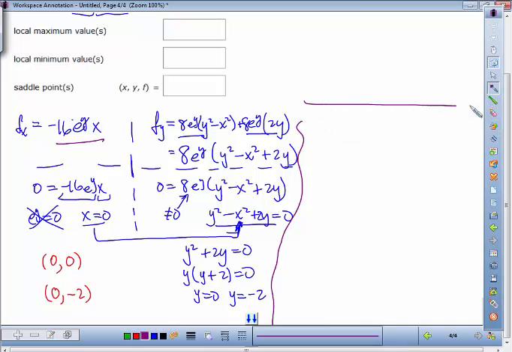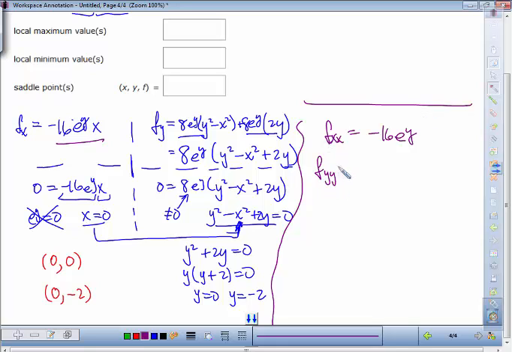Let me do it in pieces and then combine it later. So fxx, derivative of this with respect to x. Now that's just going to be negative 16 e to the y times x. And so negative 16 e to the y is constant. The derivative of that is just the constant with respect to x.